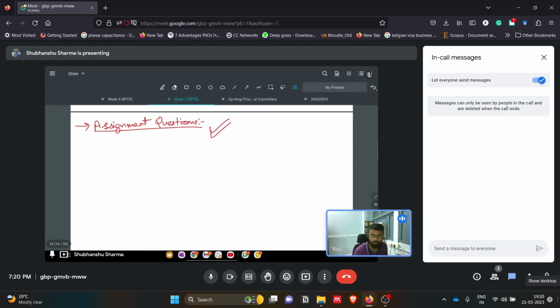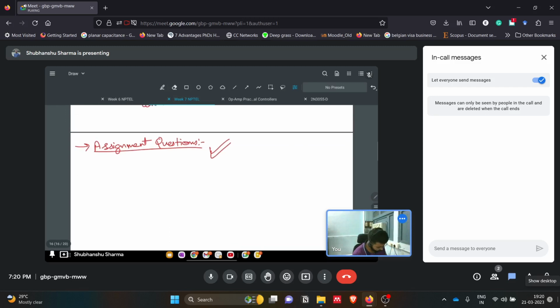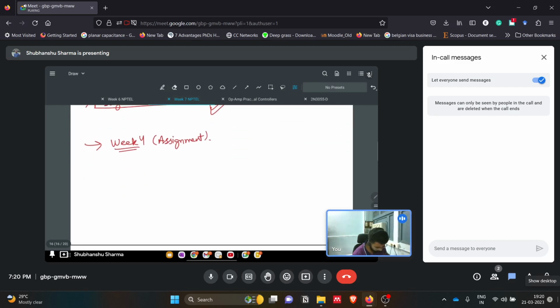In the previous lecture there was one question from the week 4 assignments. It was a simple circuit. This was grounded, and this was given a supply of 3 volts, and then a positive feedback.